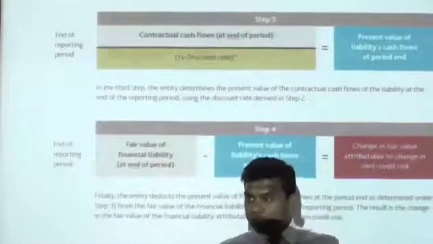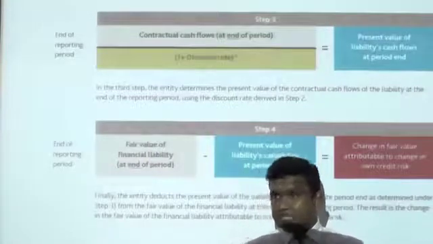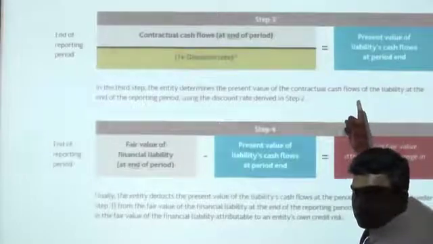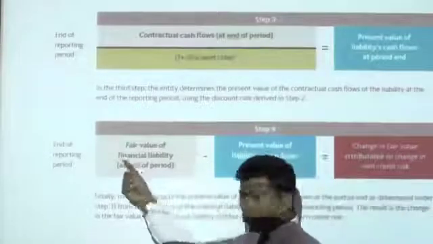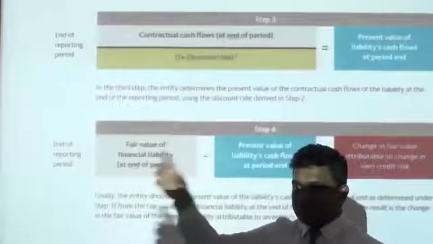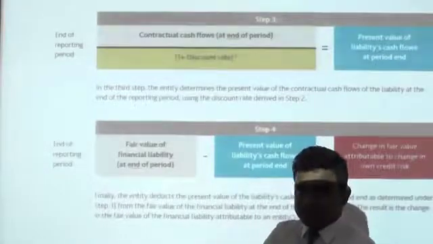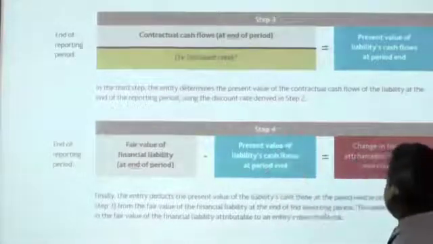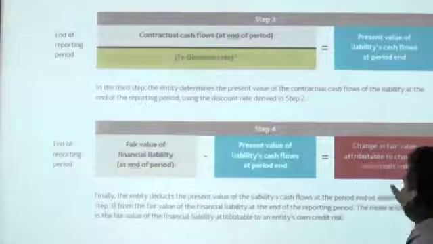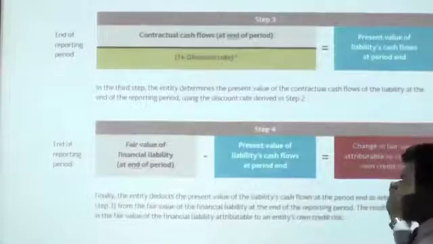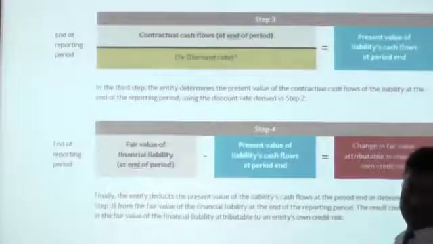Once you discount by the rate you created, you will have the present value of the cash flows. At the same time, you have a fair value. Fair value may be company A's value. Why? Company A calculated according to the market rate. You have your own value. The difference is the change in fair value attributable to the change in the own credit risk. This part will be recognized in other comprehensive income.